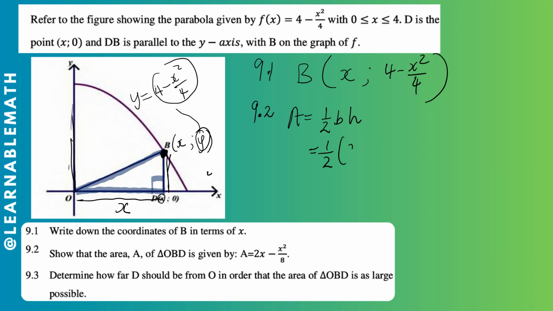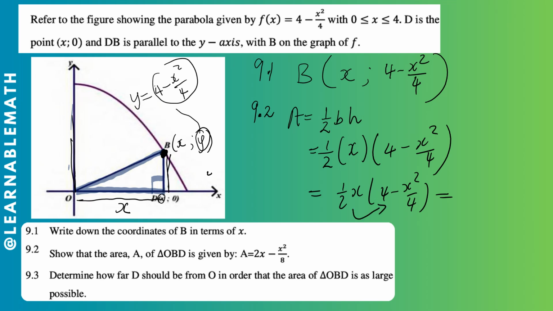Okay, so the base is x, but the height is y, or f of x, which we can replace by 4 minus x squared over 4, right? Then we can simplify this. We have 1 over 2 x times 4 minus x squared over 4. Then 1 over 2 x times 4 gives us 4x over 2, which is 2x.